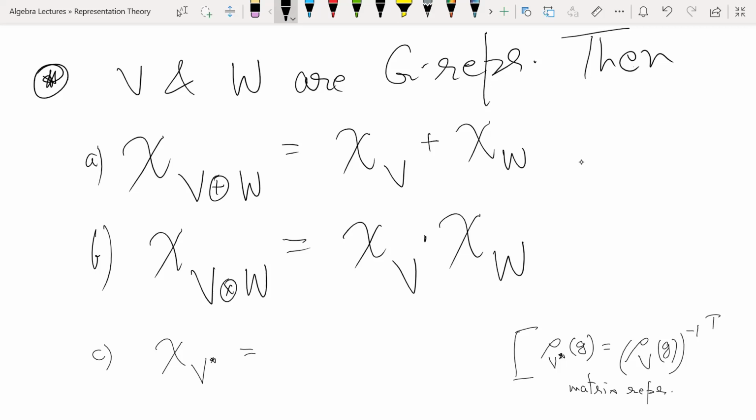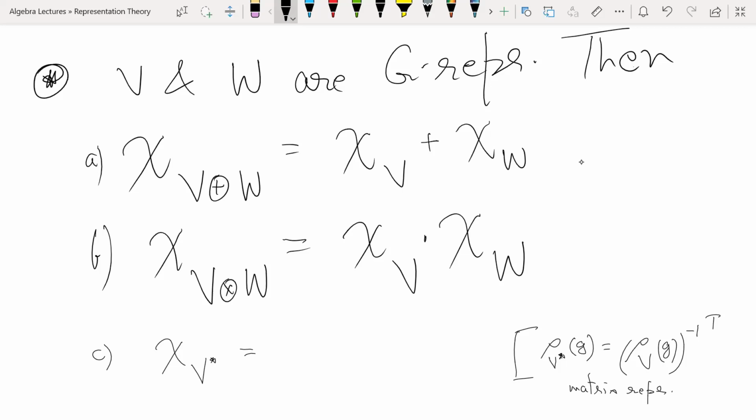So if you want to take the trace of rho V star (g), that is the same as taking the trace of this. Transpose you can forget, because transpose doesn't change the trace. So what is the trace of the inverse matrix? You can write it in terms of eigenvalues.